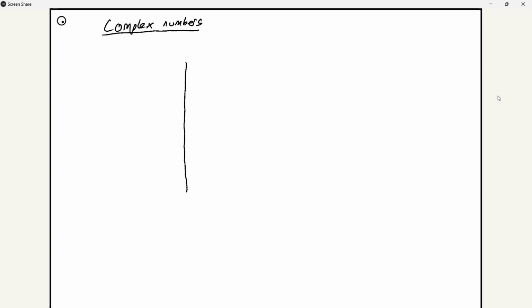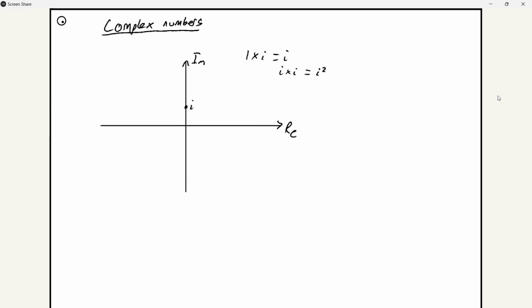When you multiply by i over and over again on a graph, let's say, in the y axis you've got imaginary and then real. So let's say if we just do 1 times i, that's obviously just i, which is here. Then if you times i by i again, we get i squared, which is minus 1. So that brings us down to here.